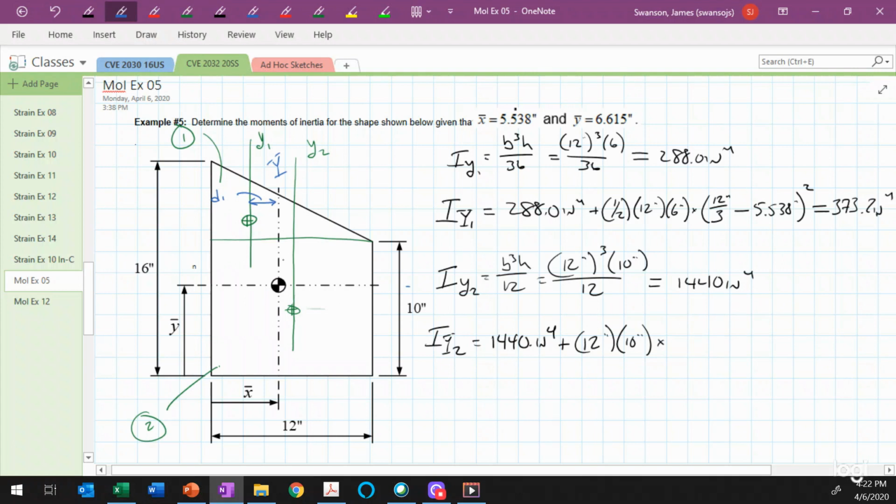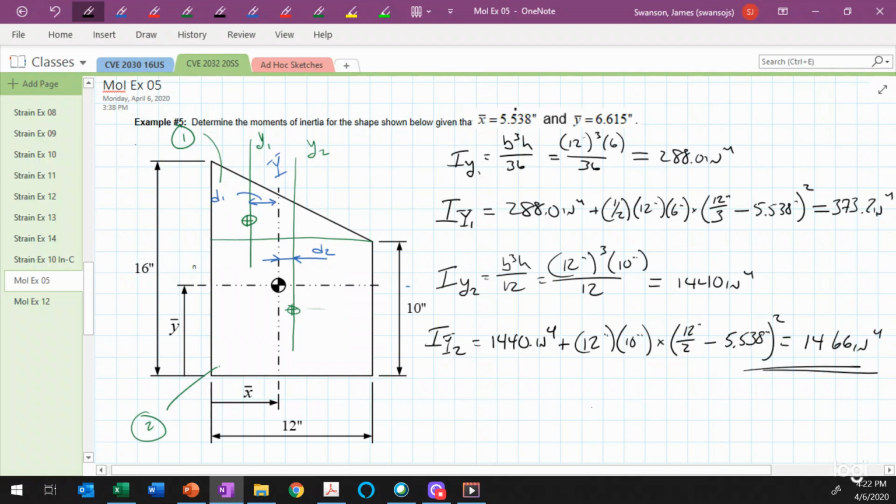This time it's this distance here, so that is d2, the distance between the y2 axis and the major y-axis. So that's going to be 12 inches over 2 minus 5.538. Square that, and that number works out to be 1,466 inches to the fourth.